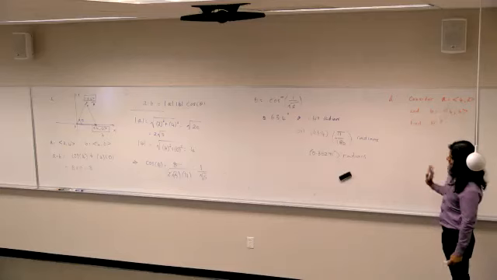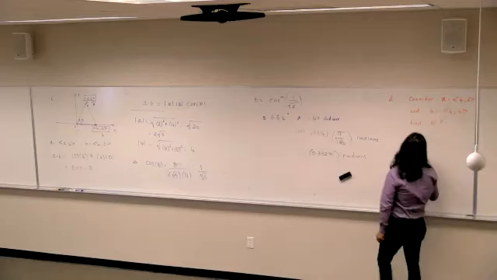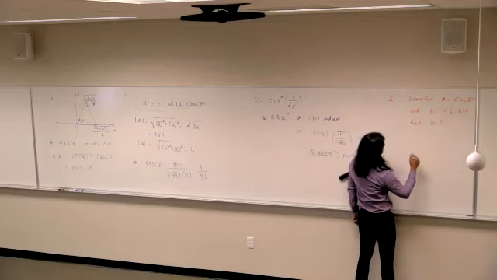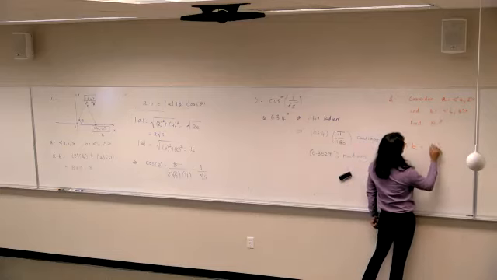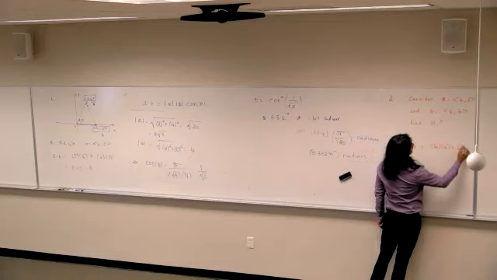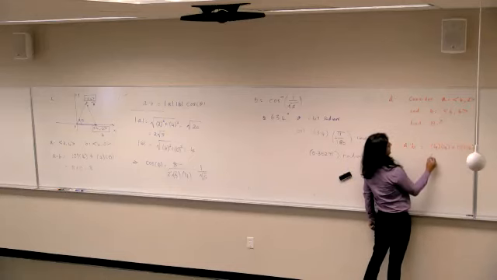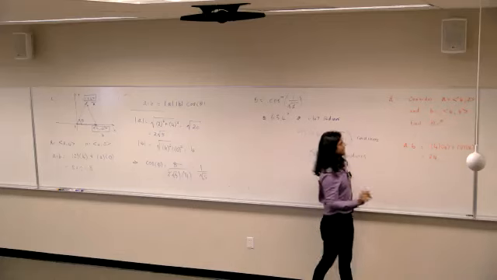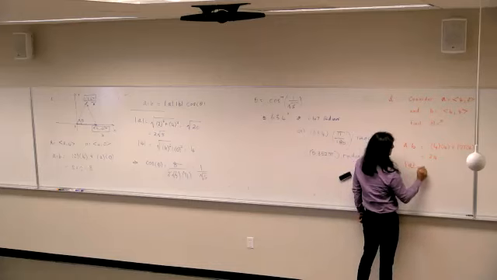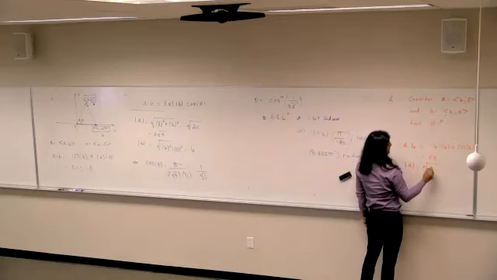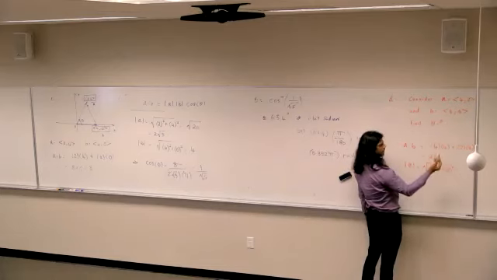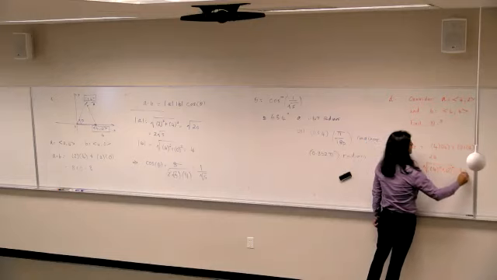So we want to find the dot product here. 4, 2 and 4, 4. The dot product is simply 4 times 4 plus 2 times 4, which is 24. Yes? We want to find the magnitude of A: the square root of 4 squared plus 2 squared, square root of 20, 2 root 5.